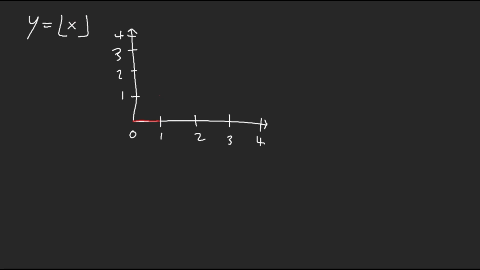So our actual value is here, and this would be a filled-in point. Between 1 and 2, every number just rounds down to 1. If we plug in x equals 2, the floor function of 2 is just 2, so our real value is here, with a filled-in point here. And then it's just going to continue that pattern.